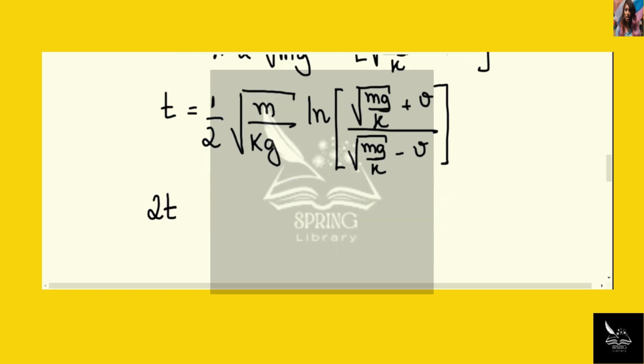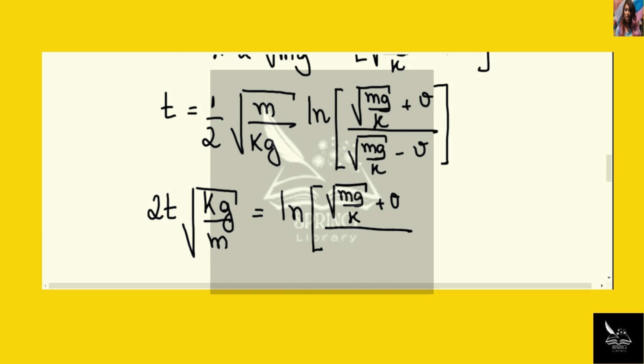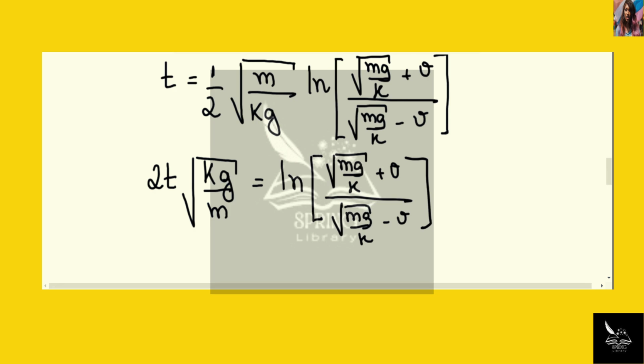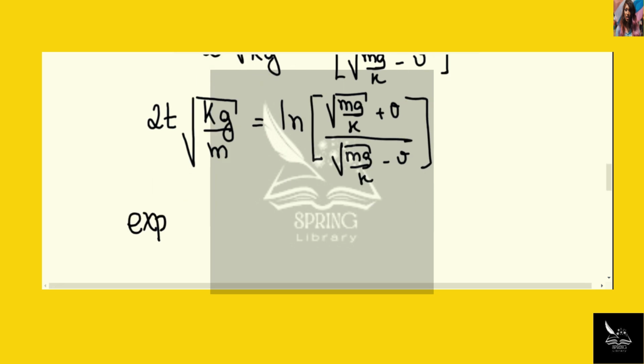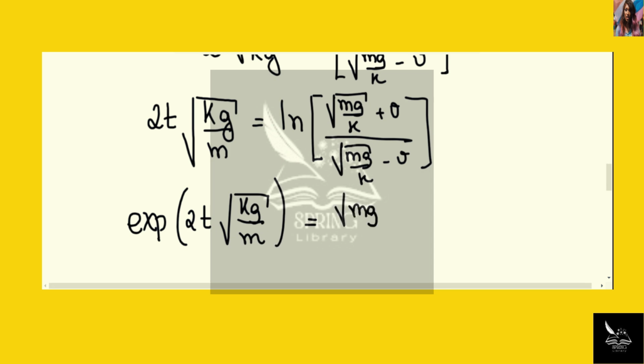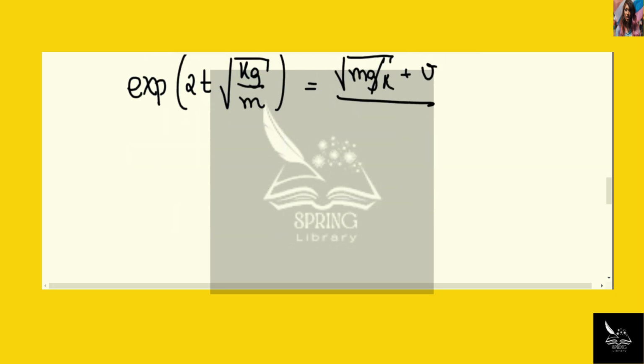So we have 2t times the square root of kg over m is equal to ln of the square root of mg over k plus v divided by the square root of mg over k minus v. So we have the exponential of 2t times the square root of kg over m is equal to the square root of mg over k plus v divided by the square root of mg over k minus v.